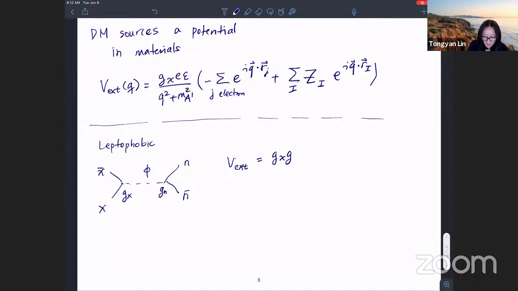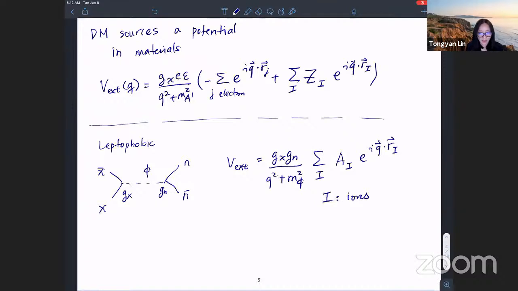And similarly, we would have a potential sourced by this dark matter as well, where now I only sum over the ions in the material. I'm treating that solid state material as basically ions plus electrons.